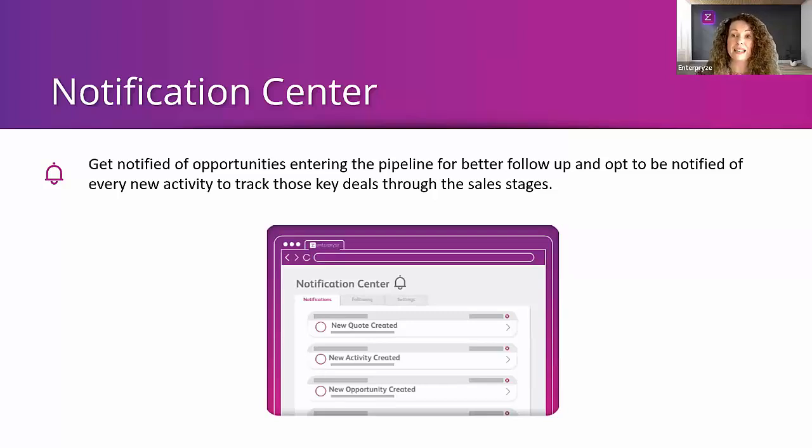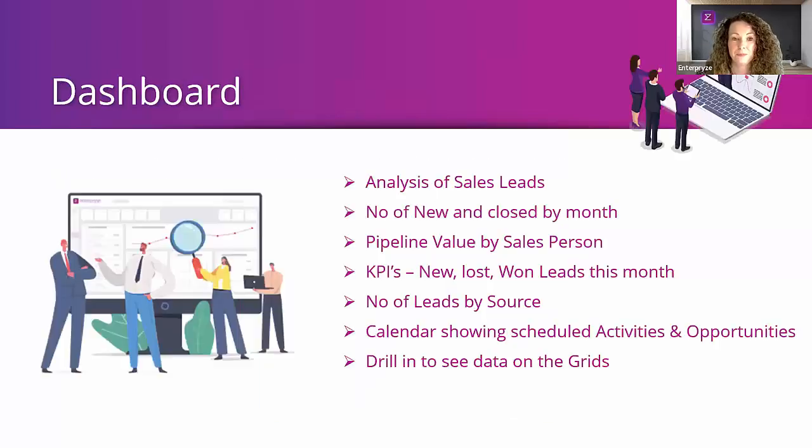So anytime there is a change on that particular transaction, you will be notified in the notification center. So it's important to always check that to see if anything has come through. That notification center covers a lot of other transactions as well, particularly around product transactions, but primarily around stock taking as well. So that's something I will remind you about once we get to the stock modules.